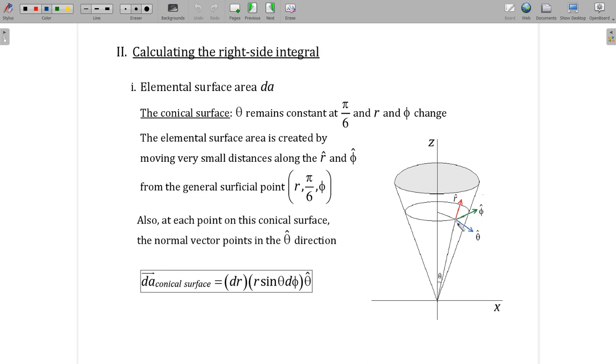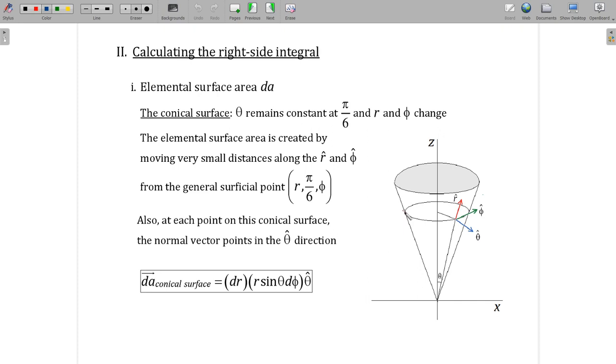Theta is obviously fixed because I remain on the conical surface, and r is also fixed now, and I vary my phi, so I get a circle. For a particular r, if I vary phi, I get a circle.